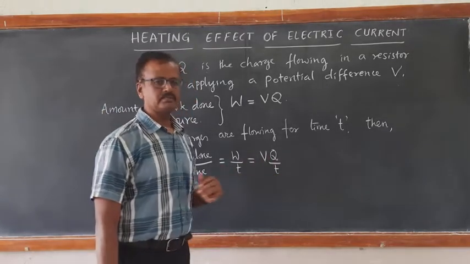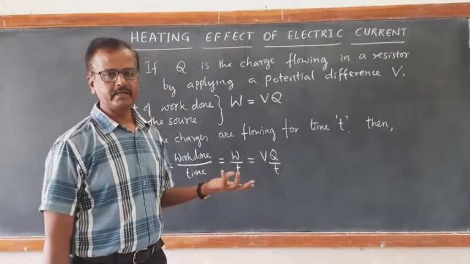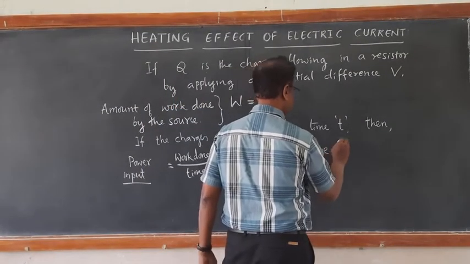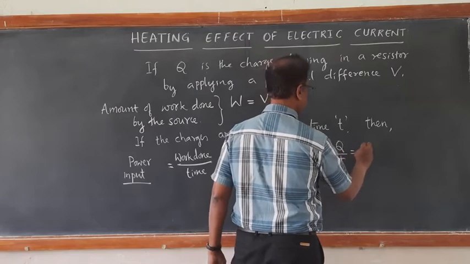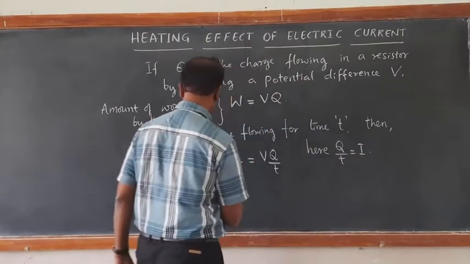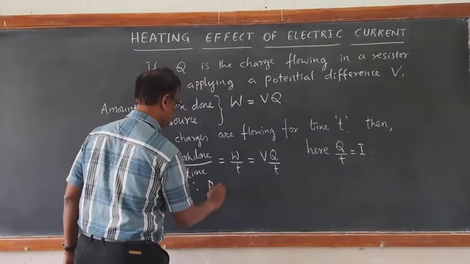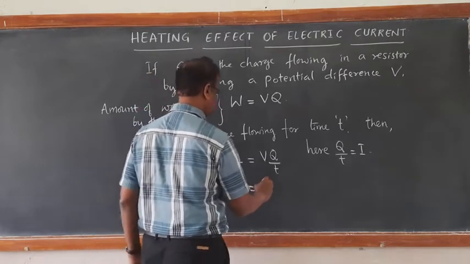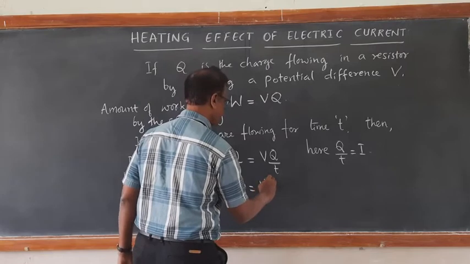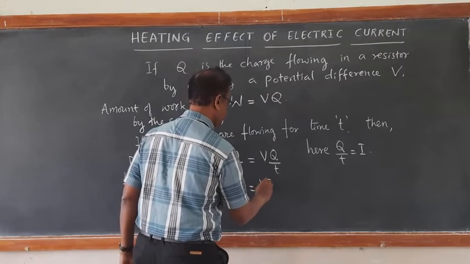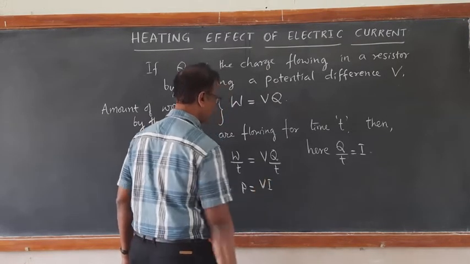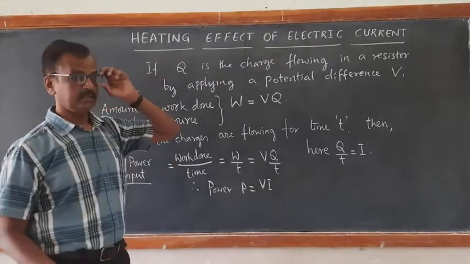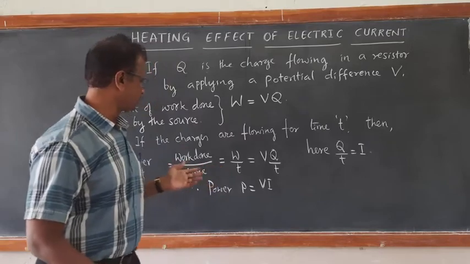Q by t gives us the current I. Therefore, the power input P is equal to V into I. But we are interested in the calculation of the heating effect, the heat energy. How do you calculate that heat energy?